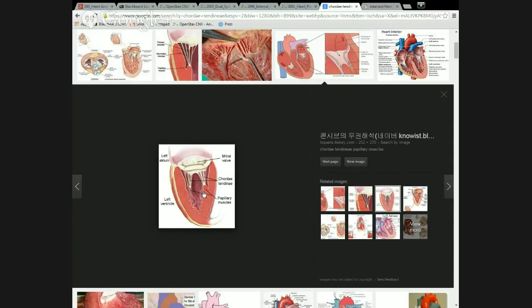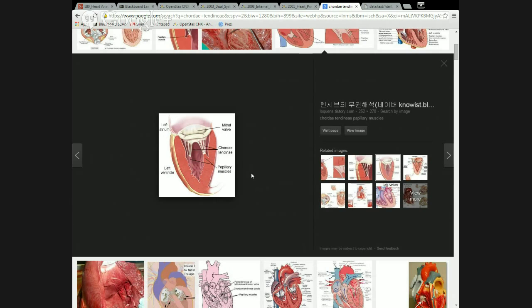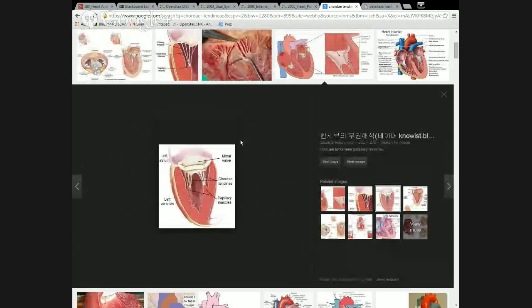When that doesn't happen, that's a condition called mitral valve prolapse, where blood shoots back the other direction, which is not what you want to have happen with a valve. So hopefully that's a fair explanation of what the chordae tendineae are about.